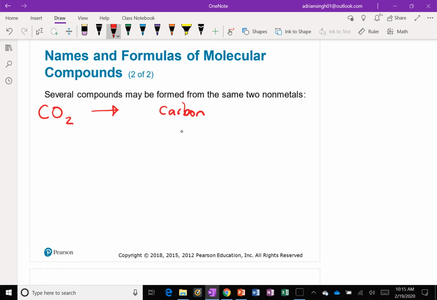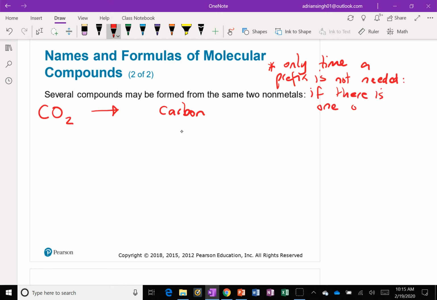Right, so you may be tempted, well, should it be monocarbon to tell us that we have 1 carbon? Well, the only time you don't need a prefix is if you have 1 of the first element. Every other instance, you're going to need a prefix. So we don't need a prefix for carbon in this case.